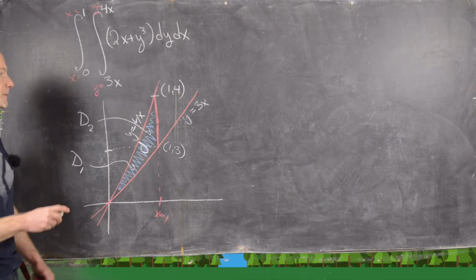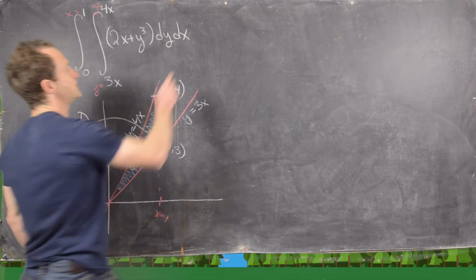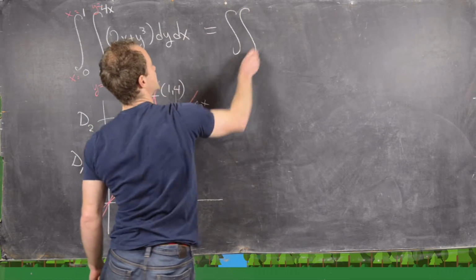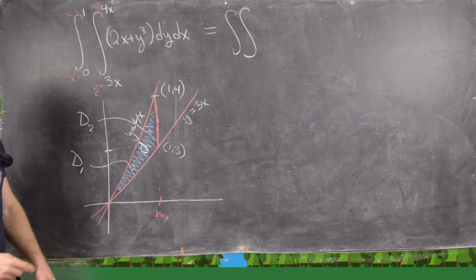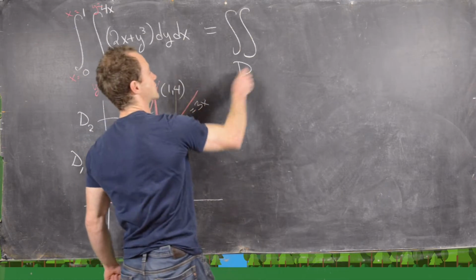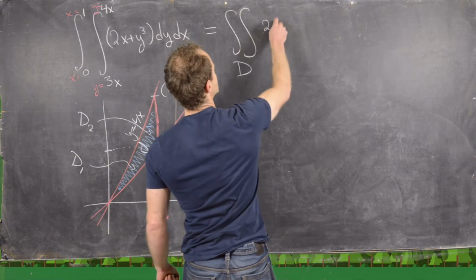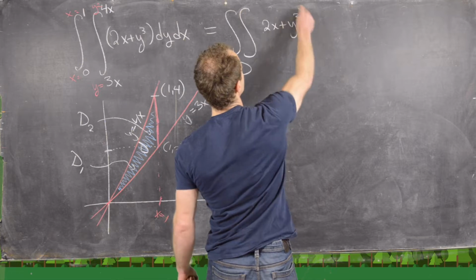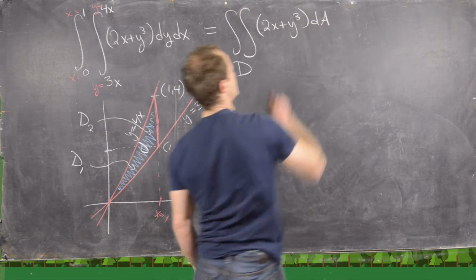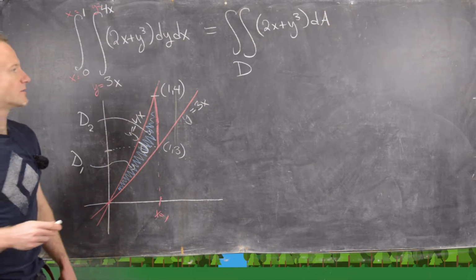Okay, so to put this in terms of a double integral instead of an iterated integral, we're going to write this as the integral over D of 2x plus y cubed dA. So that's like our differential area component.